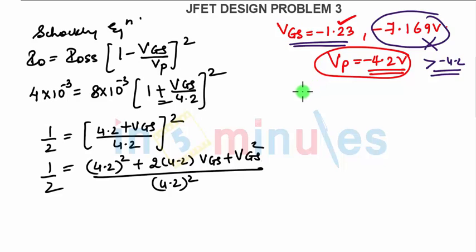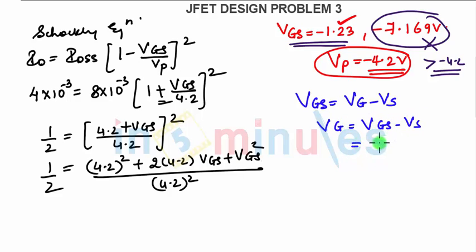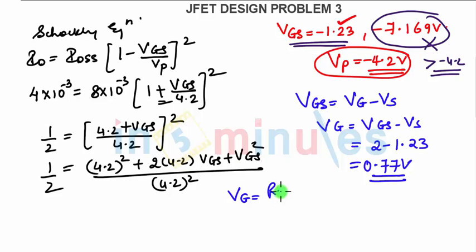Now I can write VGS as VG minus VS. So this gives me VG as VGS plus VS, so this value will be minus 1.23 plus 2. This will be 0.77 volts. Now by the potential divider rule, I can write VG as R2 upon R1 plus R2 into VDD.